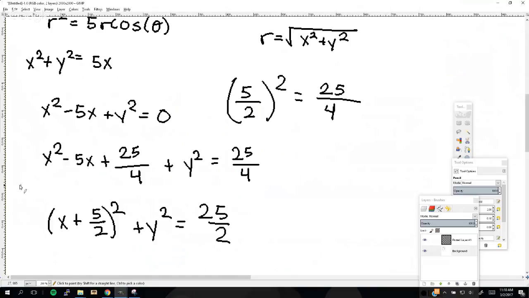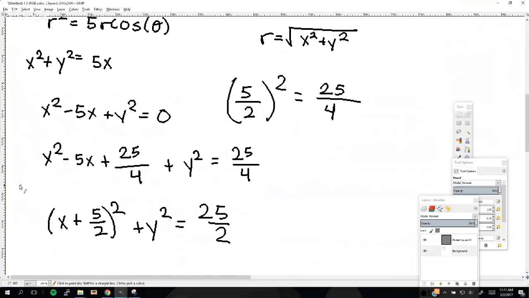Wait, so I got the photo. Sorry, that was probably confusing. So how did we get here? We got it to the point where we had x squared plus y squared equals 5x, right? Yeah. So then you subtract the 5x over, so it's going to be equal to 0. And then he said in the video, and I don't know why, that you have to divide the 5 by 2, and then you have to square that and put it off to the side.